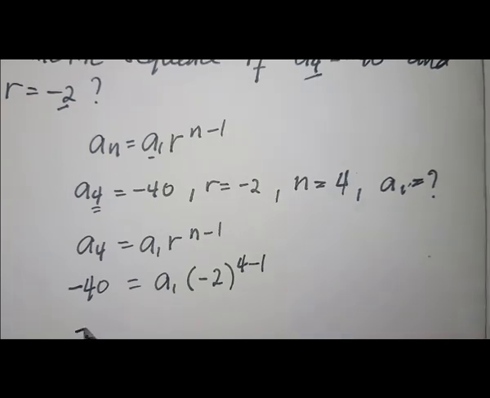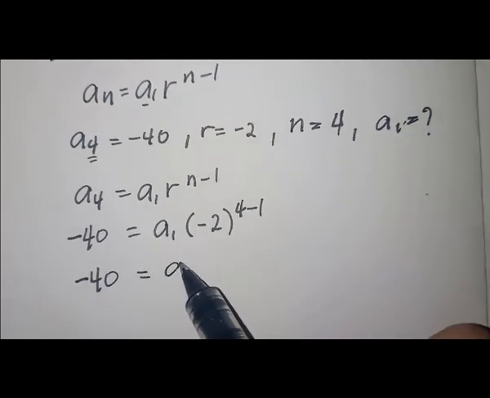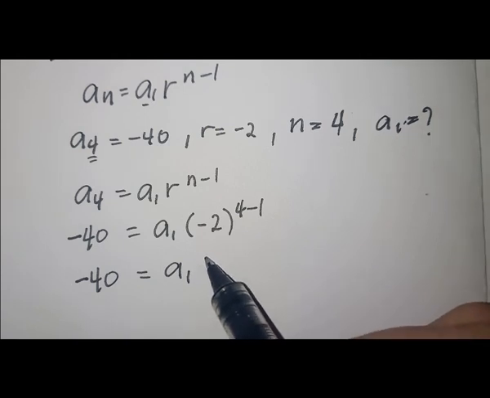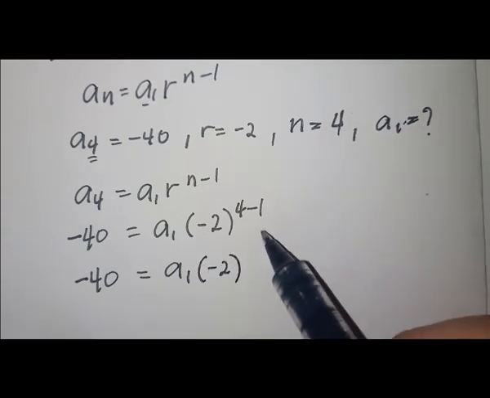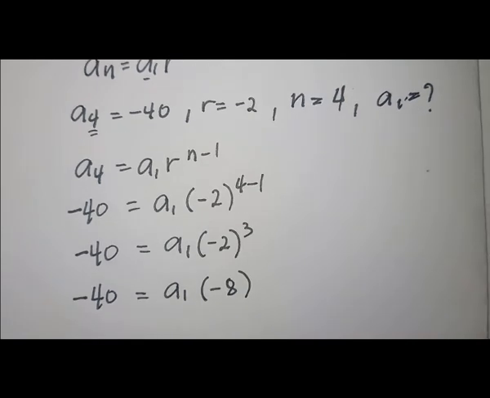So meron tayo ngayong negative 40 equals a sub 1 times we have negative 2, 4 minus 1 is 3. So what is negative 2 then cube? So magkakaroon tayo ng negative 40 is equal to a sub 1 multiplied to negative 8. Okay?